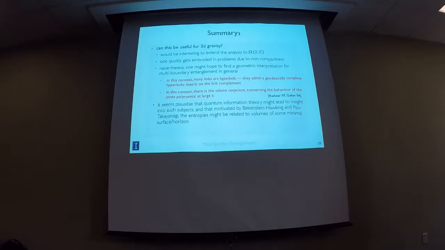Yes, the coloring here refers to a choice of representation of SU2. I'm not an expert on this either. I don't really know what's out there, but there are certainly lots of results on, say, SUN knot invariants. But I think they're less well understood. In some sense they do give larger and more refined invariants, but I don't know.